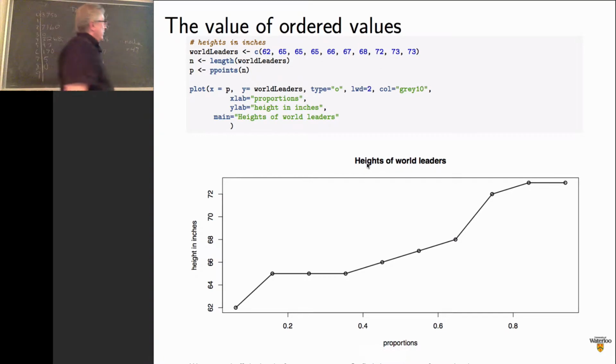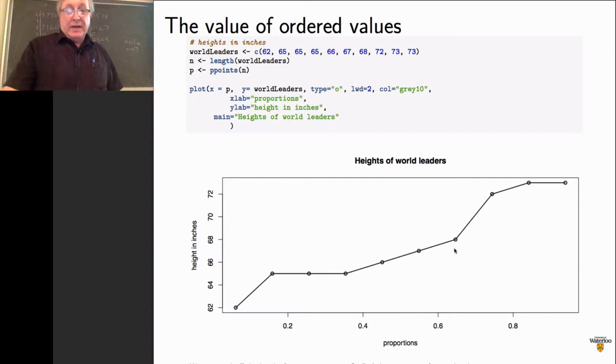Of course, looking at this in R, the code that we're going to look at, world leaders are here, and I'm just going to get this function here, ppoints, getting me the proportions. There's a slight something that we'll talk about in a minute. And I'm just going to plot the proportions on the x-axis versus the sorted values on the y.